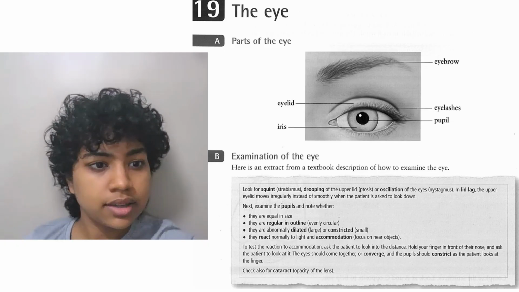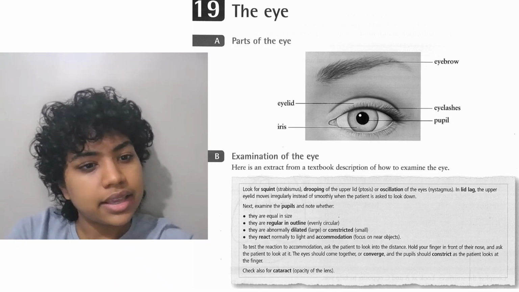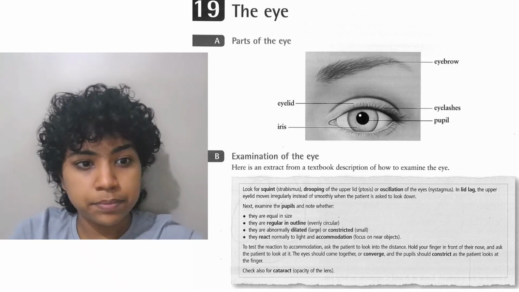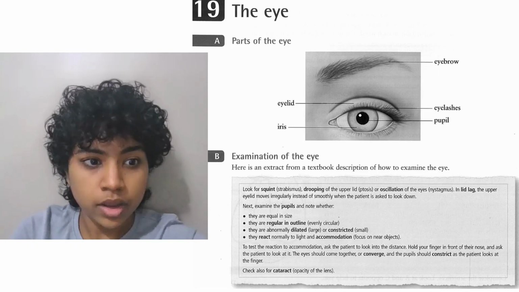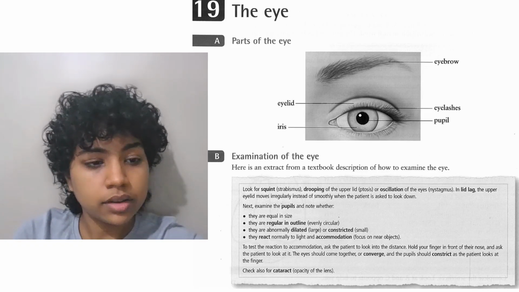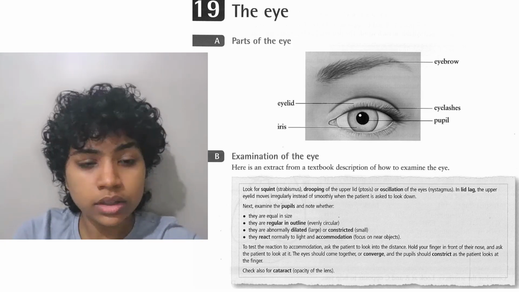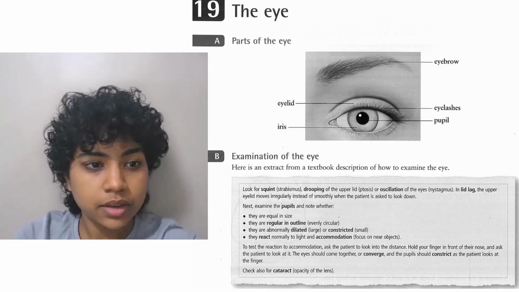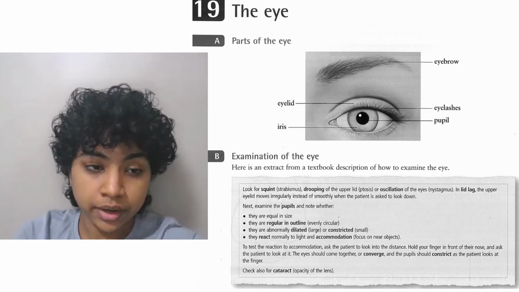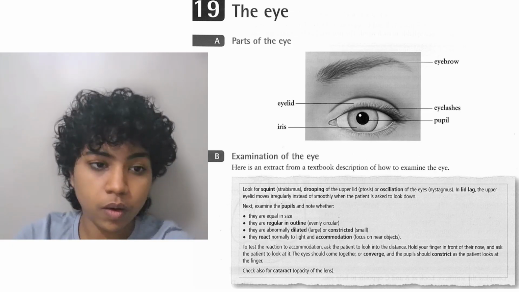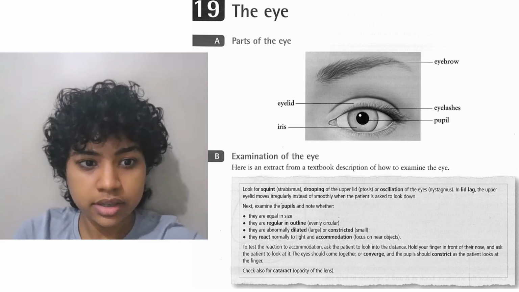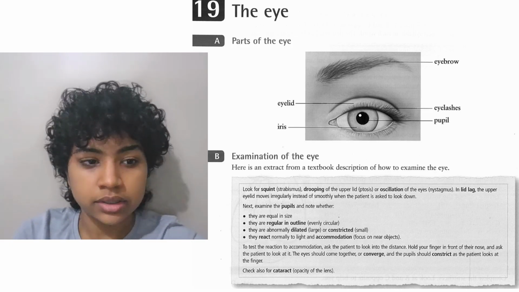Next, examine the pupils and note whether they are equal in size. They are regular in outline, evenly circular.